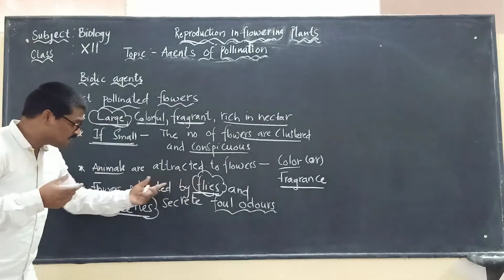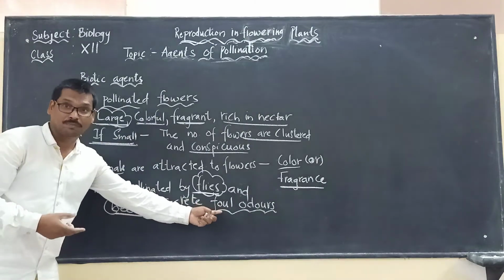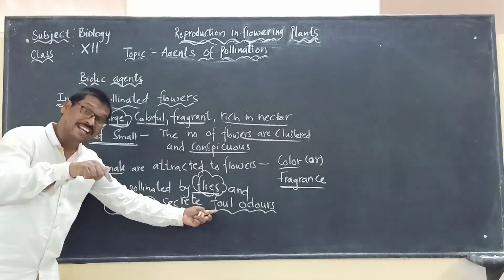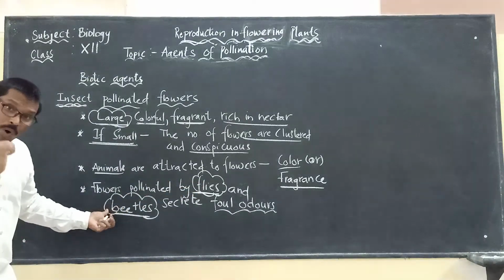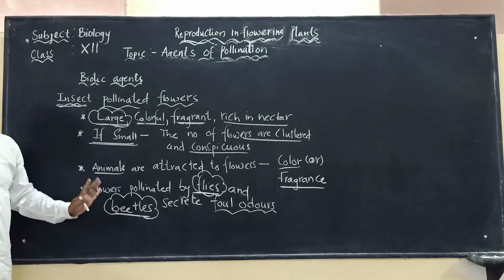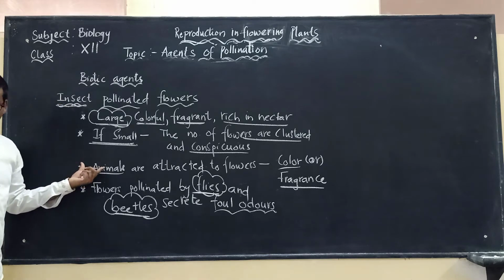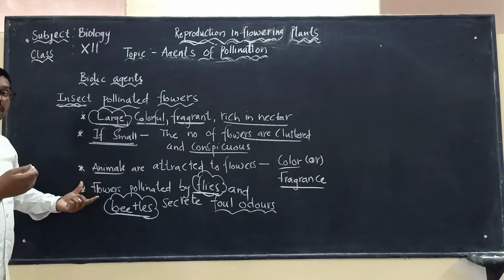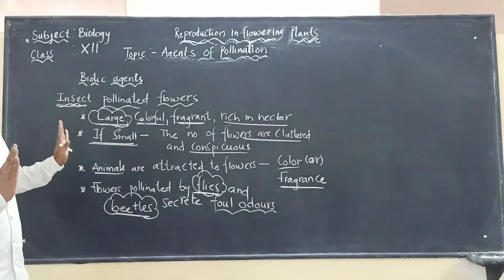So these flies and beetles are visiting some flowers because those flowers are releasing what? Bad smell, foul odor, to attract flies and beetles. For what purpose? It is for pollination. So these are some points again we have to keep in mind when we talk about insect pollination, and how the animals are being attracted and how the flowers are releasing the bad smell just for pollination to take place.